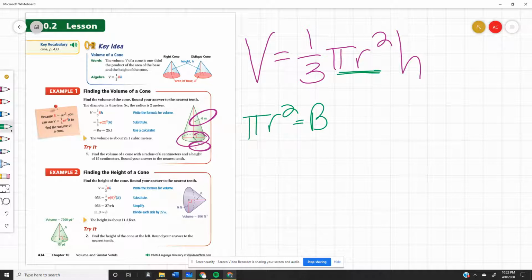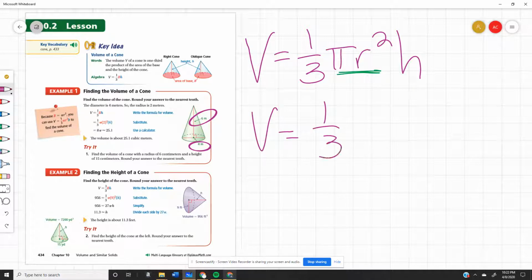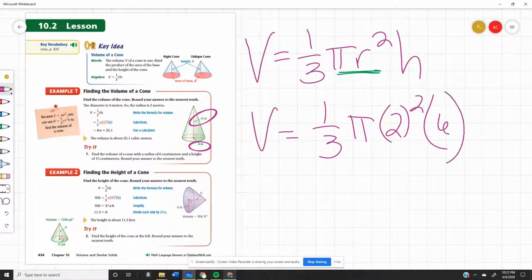So let's go ahead and get started. Let's go ahead and just jump right into this. We know that the diameter here is 4, so that means our radius is 2. So we're going to have 1/3 pi 2 squared times the height, which is 6. So that's where all of our numbers come from, okay?